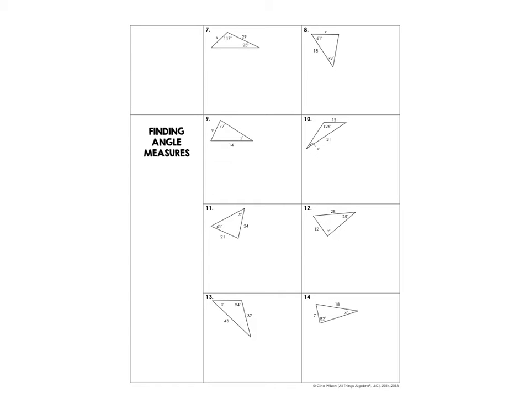Now, if we're finding angle measures, we're going to set it up the same way. So, let's just use our x first. So we're doing the sine of x. Its corresponding side is 9, equals the sine of 77, and its corresponding side is 14. Okay, now, from here, it's a little different. So we need to multiply by 9 to get the sine x by itself.